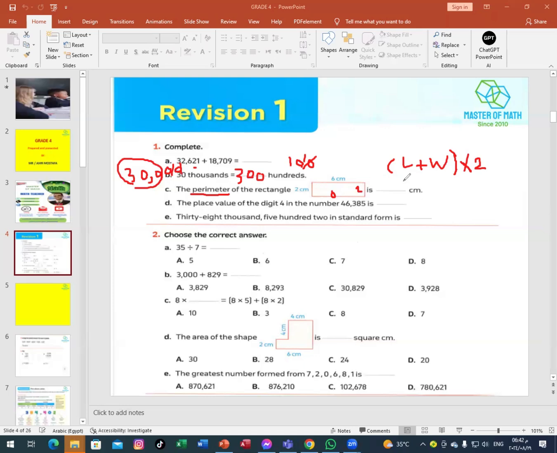L is 6 plus width 2, times 2. I have to add first: 6 plus 2 equal 8, and 8 times 2 equal 16. Okay.